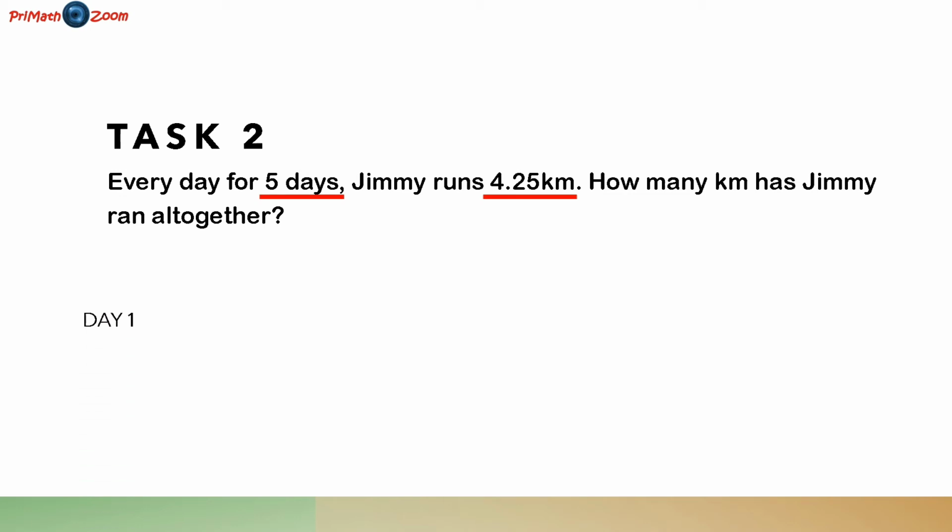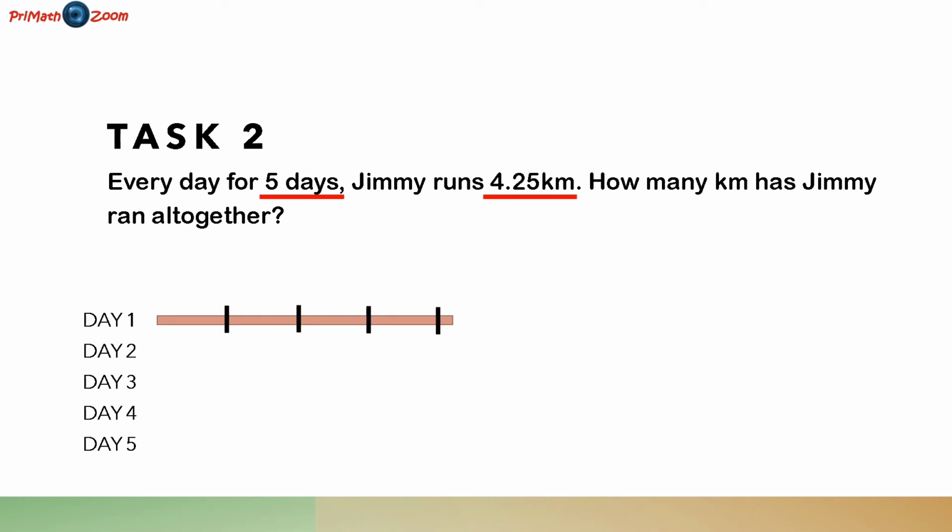Okay, so here we're going to put the 5 days. Day 1, day 2, day 3, day 4, day 5. And we're also going to show you the distance Jimmy ran on day 1. So that is the distance. So we have 1 kilometer, 2 kilometers, 3 kilometers, 4 kilometers, and the little piece right here is 0.25 kilometers.